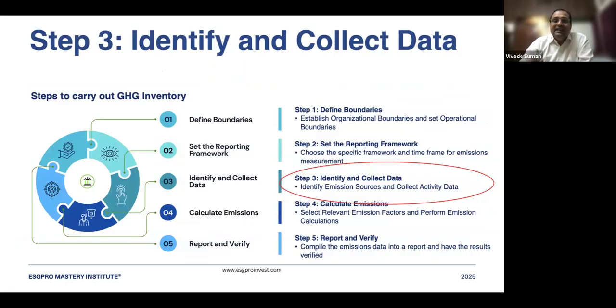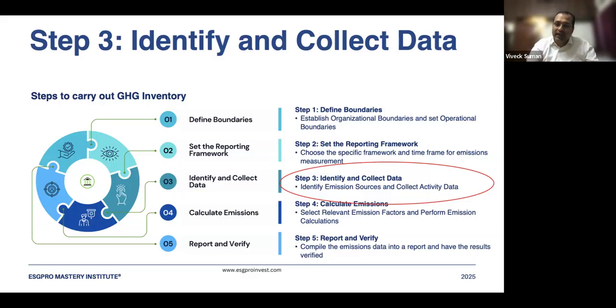Third one, which is a critical activity, is identifying and collecting data. Identifying and collecting data starts with looking into which framework you are talking about, what boundary you have, and how to calculate emission. It links all these 4 activities sitting in the center. Why am I saying that? Because here you are going to list all the activities which will result in emissions.